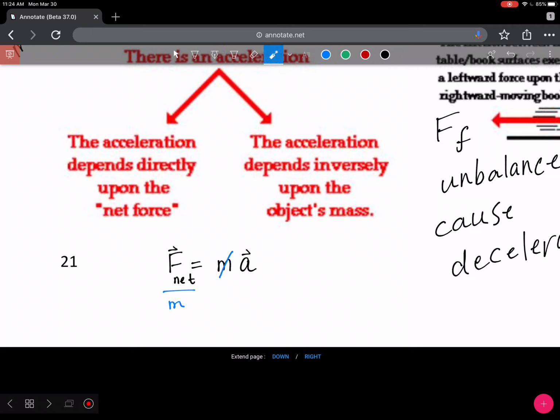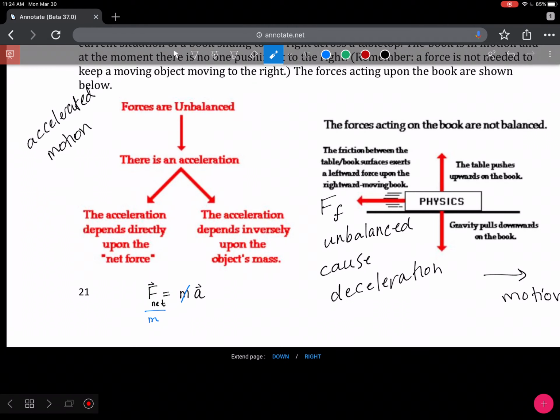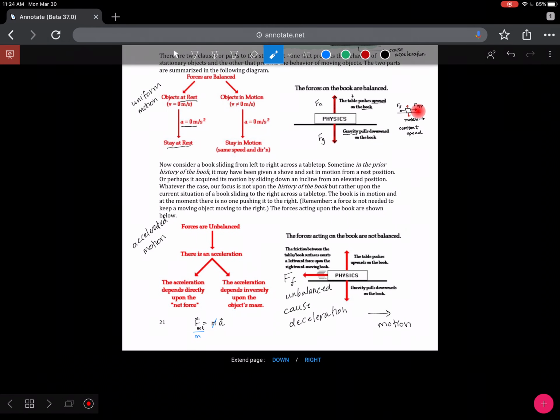And so when we look at how acceleration is dependent, it depends on the force. So for example, if these dogs up here were to pull harder to the right, then this acceleration could increase. If they pull with less force, then the acceleration might cause the sled to slow down.